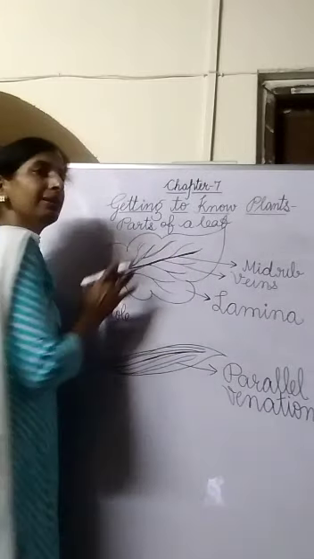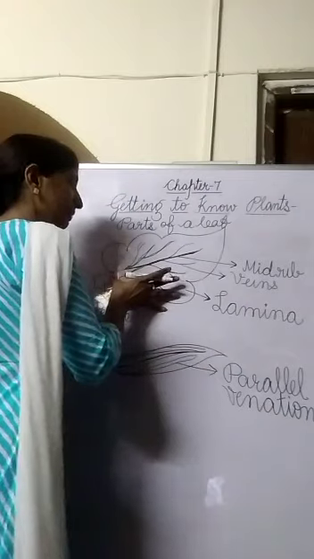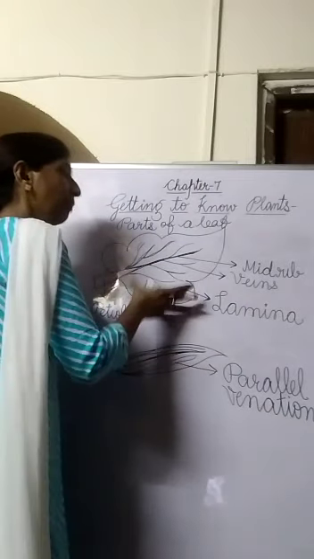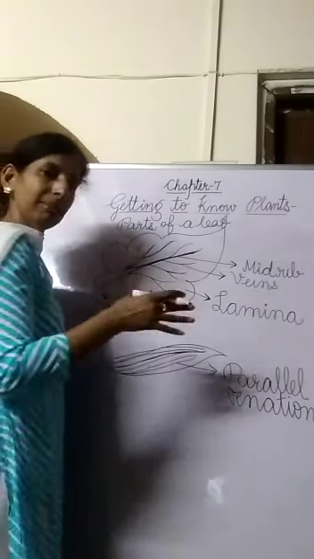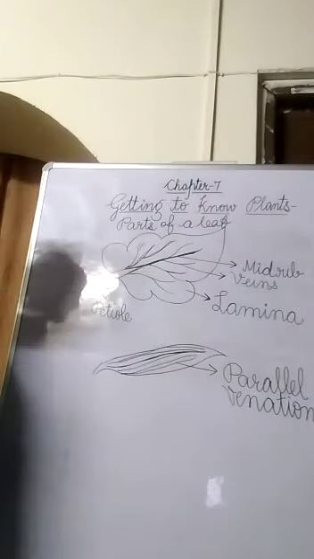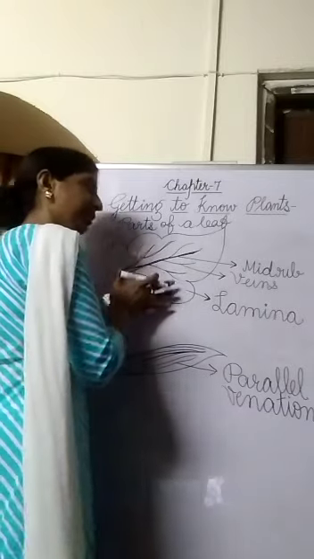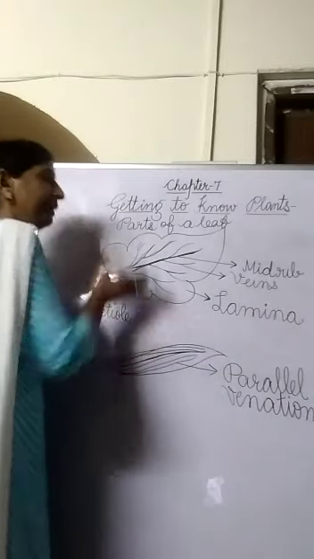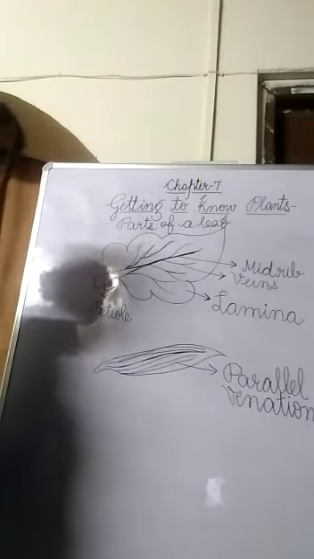And in higher plants like peepal, mango, money plant, you will find reticulate venation. In rose, China rose leaf, you will find reticulate venation.